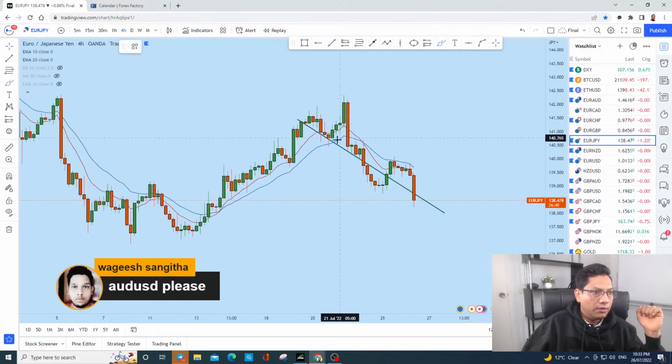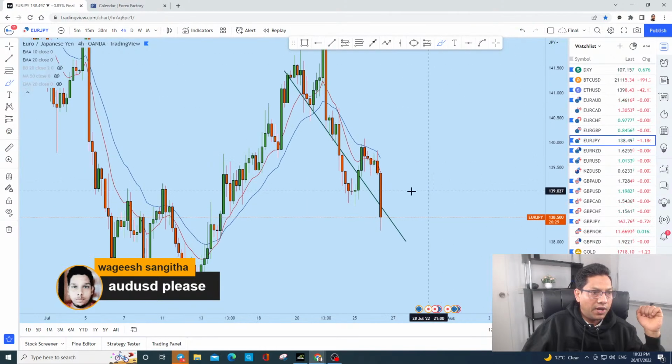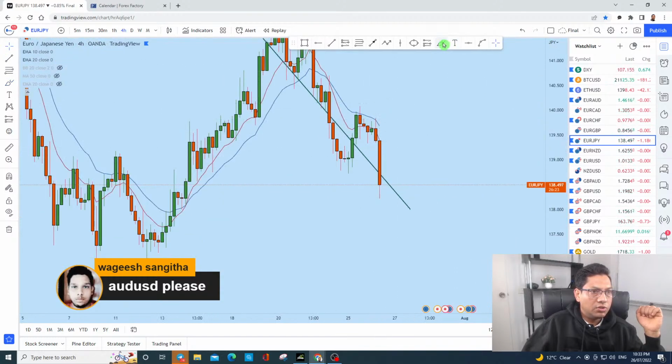Now in this head and shoulder, this is the support. We have seen the price now breaking this level of support, and you also see the 20 period moving average on the 4 hour time frame acted as a dynamic resistance, and the price is coming down.